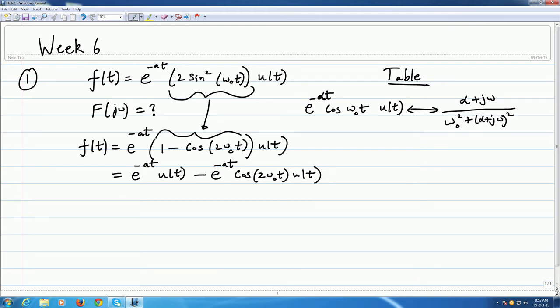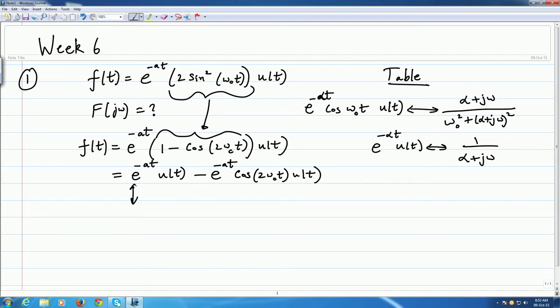From here on, it is quite a simple thing to do. You have to just do a Fourier transform. If you do a Fourier transform from here, there is also another result. If you want, you can write that down, e power minus alpha t u of t. This has a Fourier transform which is 1 by alpha plus j omega. Okay. You can put omega naught equal to 0 here and you get this. Okay. So, you use these two results from the table.